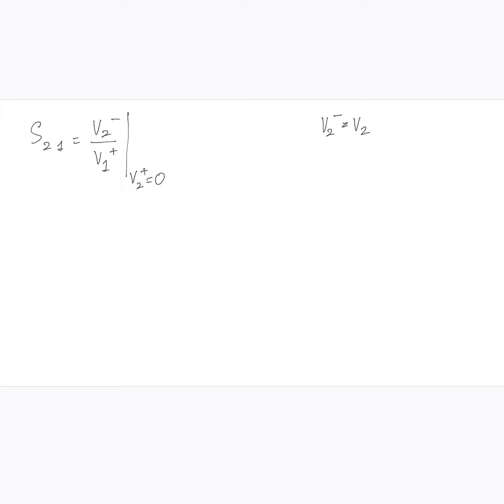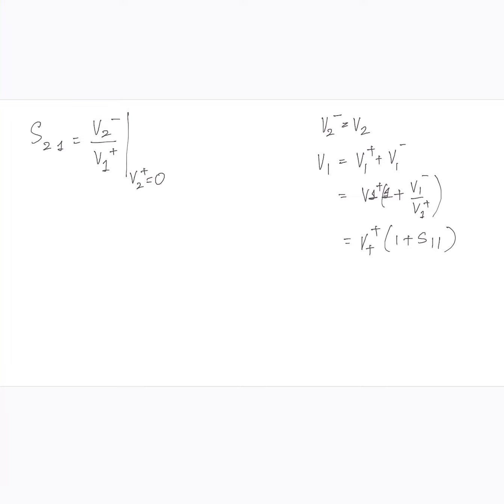Also V1 will be equal to V1 plus plus V1 minus. If we take V1 plus outside, this can be written as 1 plus V1 minus by V1 plus, which will be equal to V1 plus into 1 plus S11.